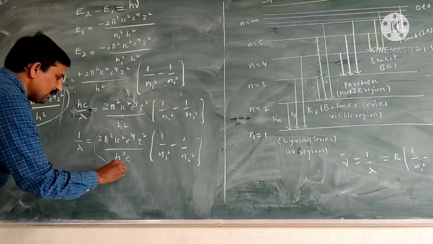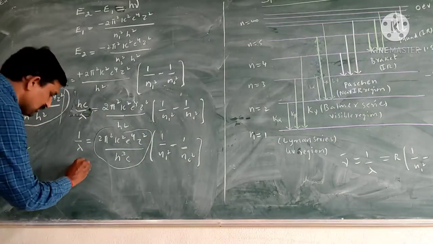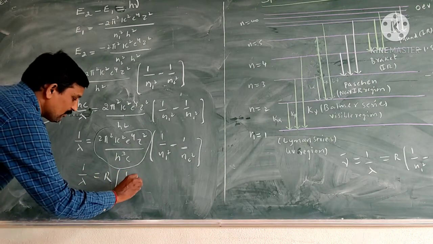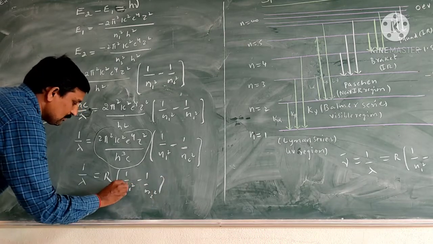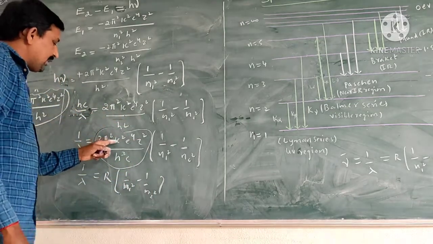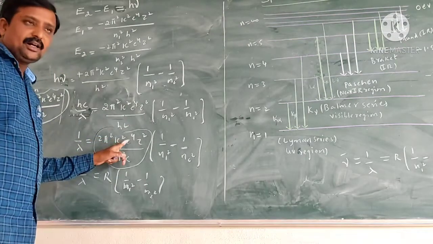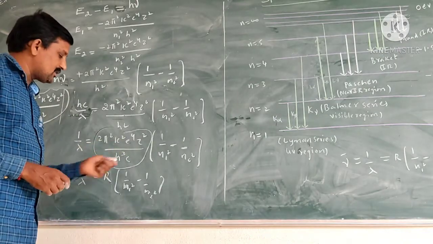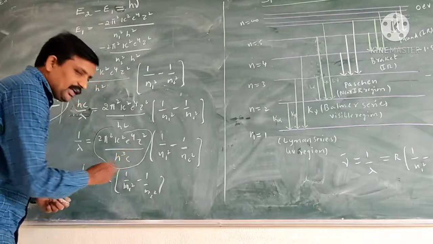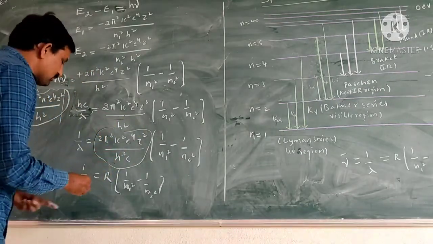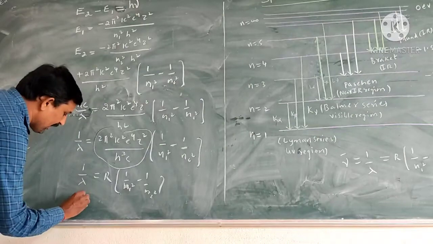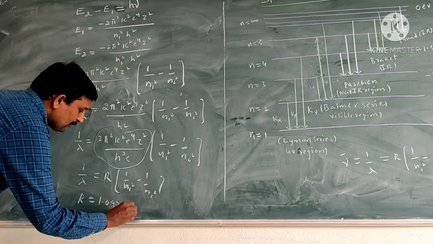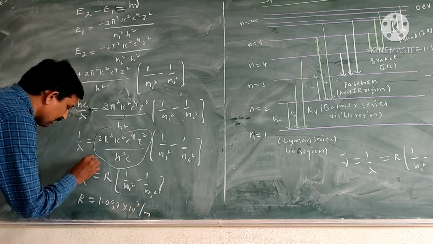These are all constants, and this value is equal to R, the Rydberg constant. Here k is 1 by 4 pi epsilon naught, e is the charge of the electron, Z is the atomic number, h is the Planck constant, and c is the velocity of light in vacuum. We can substitute all the values. R is called the Rydberg constant. The value of the Rydberg constant is 1.097 into 10 to the power 7 per meter.